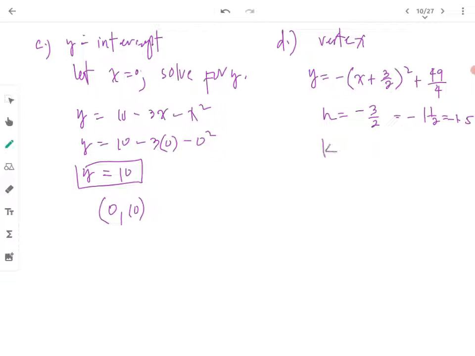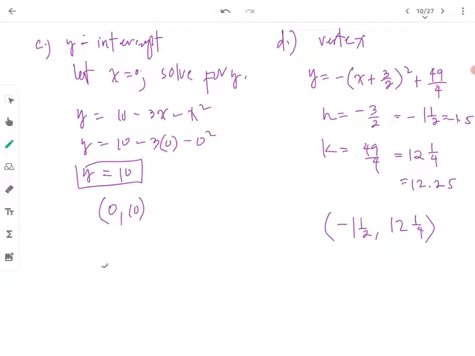The k here is 49 over 4. This is 12 and 1/4, or simply 12.25. So our vertex is at negative 1 and 1/2 on the left side, then up at 12 and 1/4.